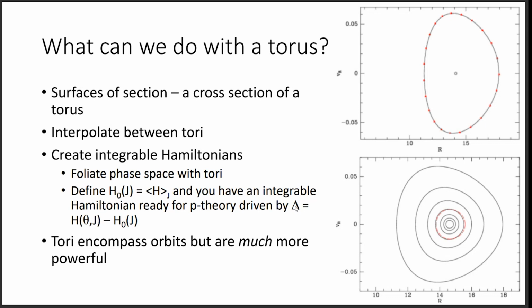Can you imagine the donut coming out of the board and going back in, and you kind of cut it, and that's what you see here, in the R-vR plane. Okay, so each of these black curves has been computed by torus mapping. This is just showing going from tori which have a large radial action to a torus which has a very small radial action.